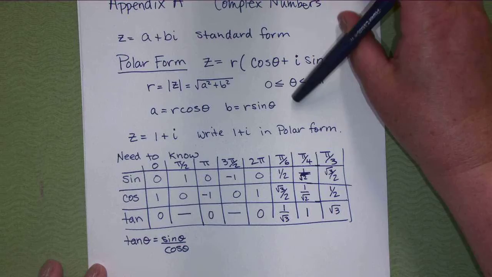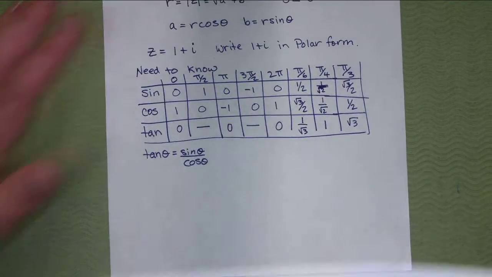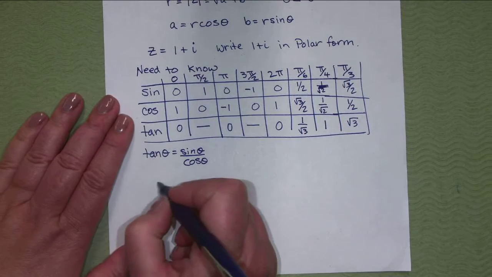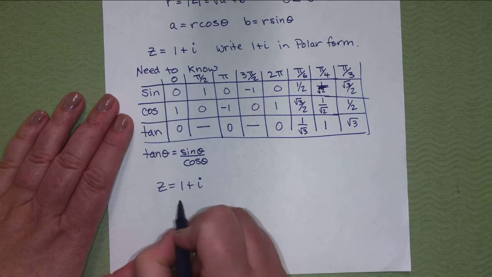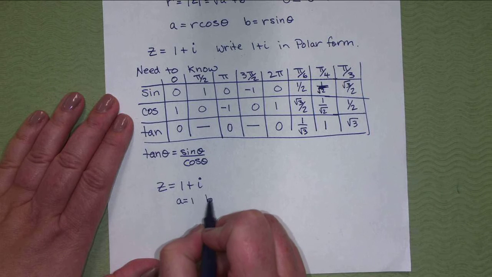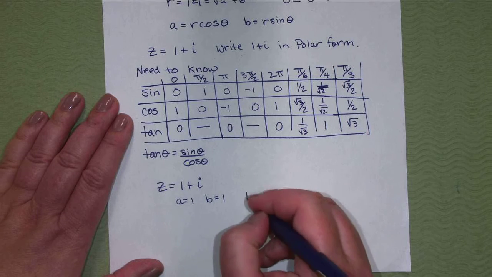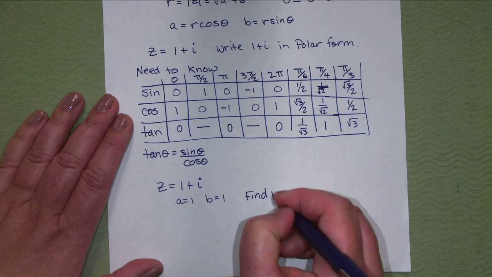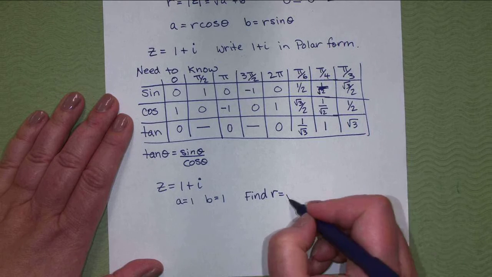So in the book, I noticed that this is how they do it. If we wanted to convert 1 plus i, so a here is 1 and b is also 1. Right? So first you would find r. r is the square root of 1 squared plus 1 squared, so root 2.